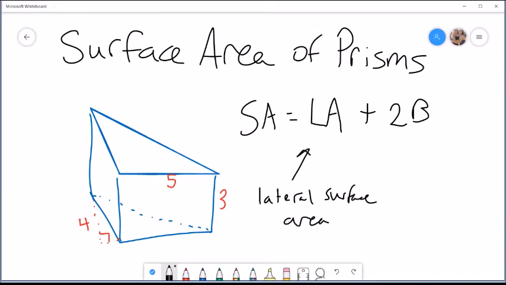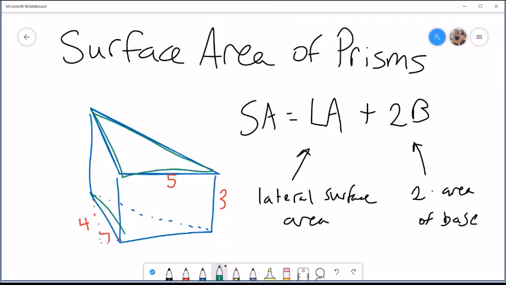But this 2b is 2 times the area of the base. And that's because we have two bases, a base on top right here, and a base on bottom here. We need to add those two areas to get our total surface area.